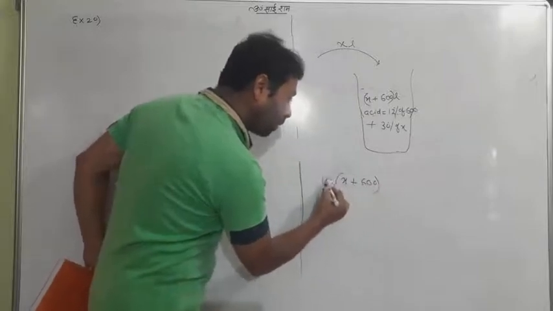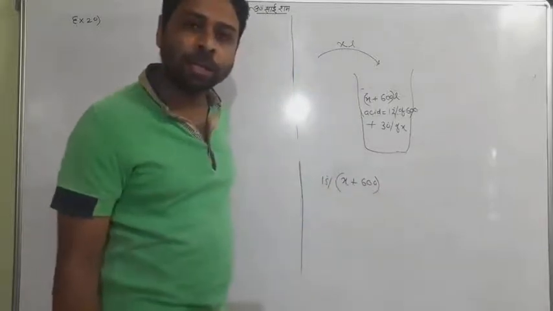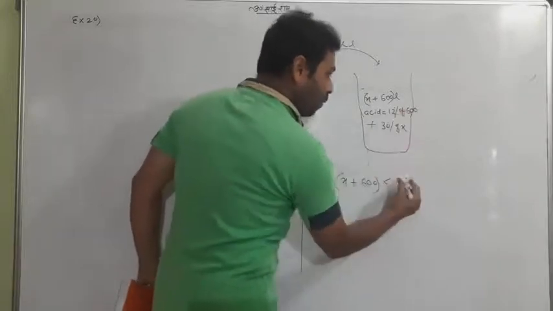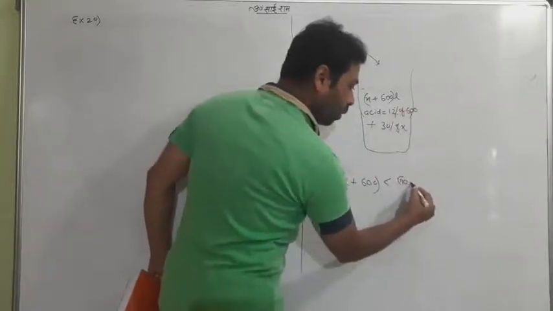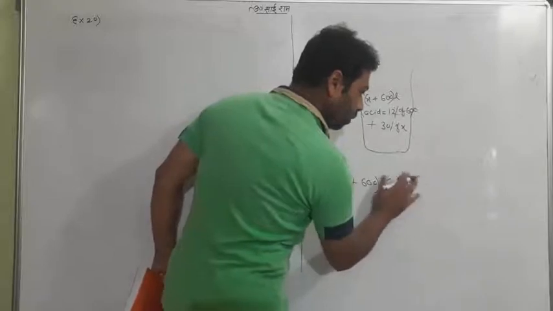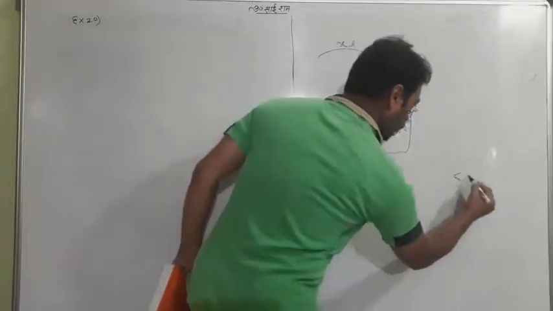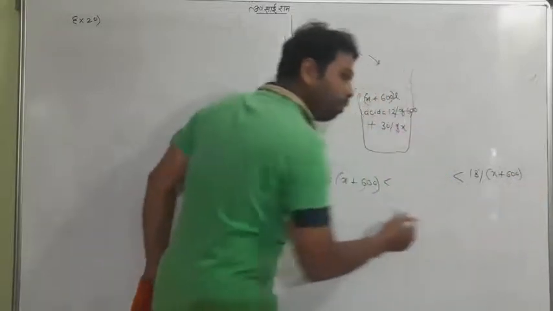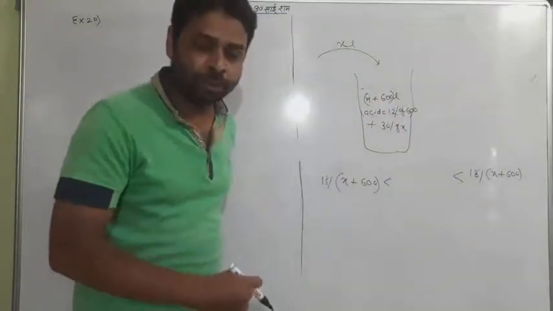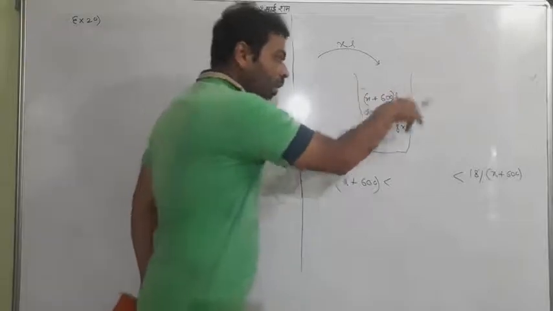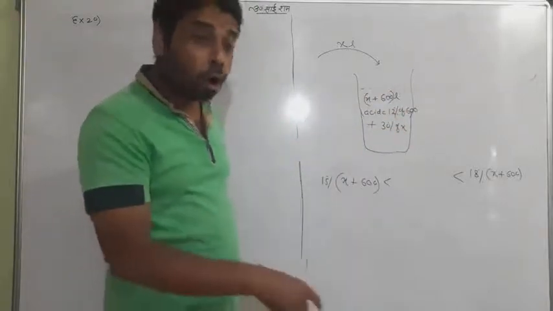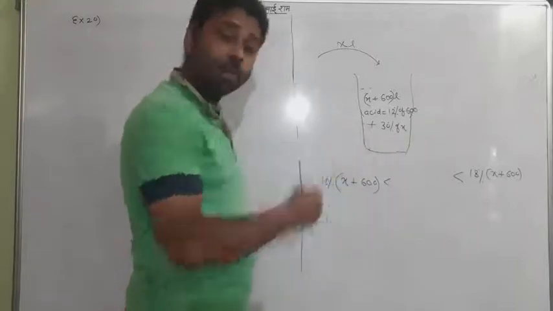Its 15% is the acid content, and our resulting content is 18%. So the question is based on acid content. Whatever acid content you get will be more than 15% and less than 18%.